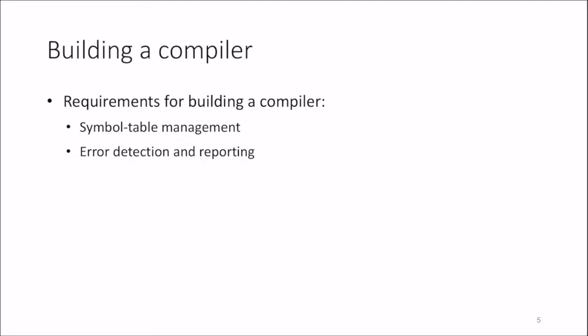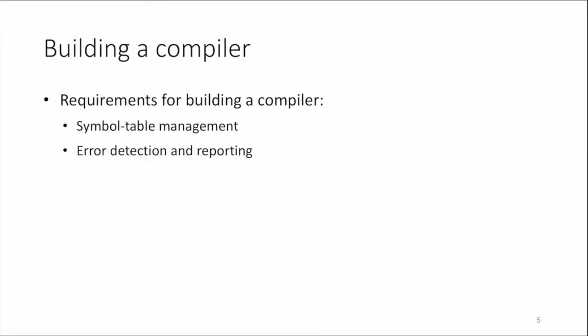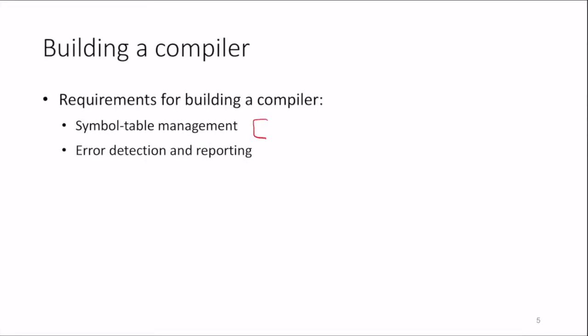In order to build a compiler, there are some basic requirements that you need, such as data structures. The main data structure that's outside of the standard compiler toolchain is symbol table management.